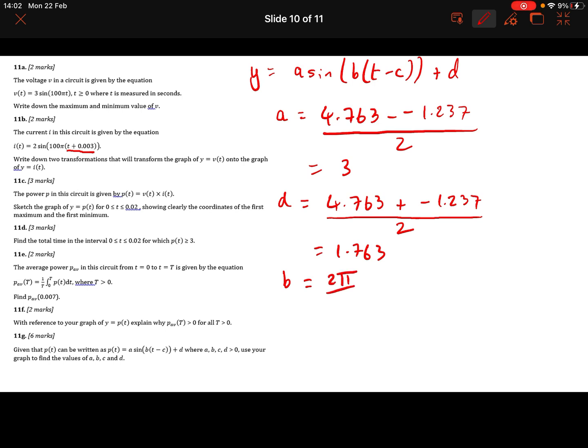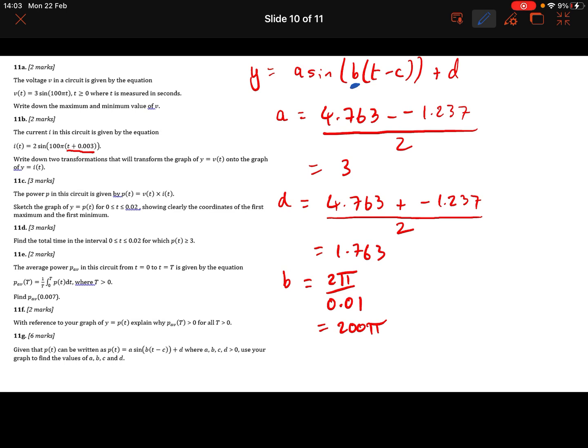Now C is a nightmare. And it really always baffles me. I can never get my head round how to find C in terms of thinking about the transformations. So here is a way round that problem. You leave it to last. Do not do C until it's the last thing that you do.